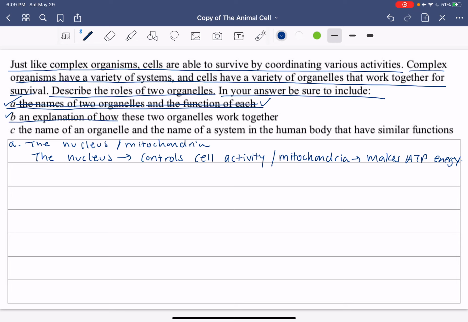An explanation of how these two work together? Sure. The nucleus controls all cell activity, which then controls cellular respiration, which happens in the mitochondria.